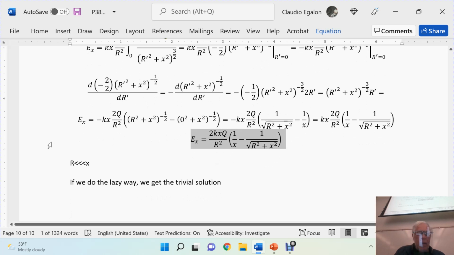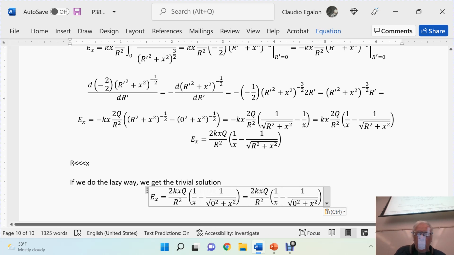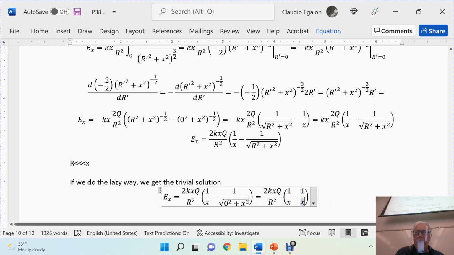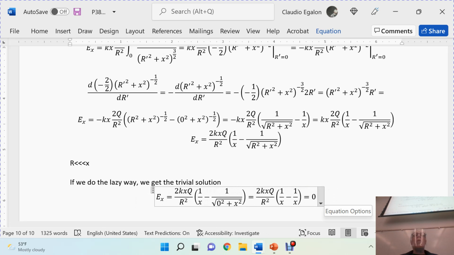The lazy way is by making r equal to 0. If we make this 0 here, you have to be careful about those approximations. You get the square root of x squared, and you get 0, the trivial solution. So this lazy approximation doesn't work.